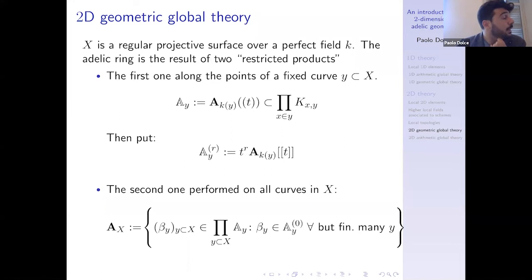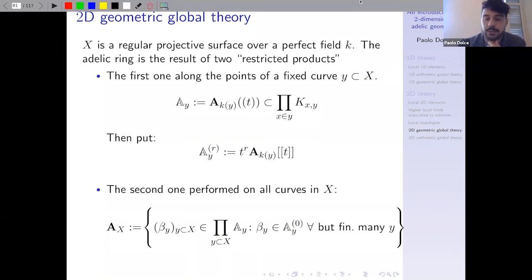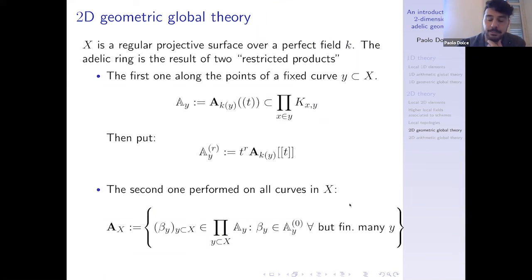So again here, of course, there is the issue about what topology to put on these adeles. But this restricted product can again be seen as inverse or direct limits. So you can start from the local topologies that we have here, and you can carry, in a categorical way, with final or initial topologies, your topology in here.